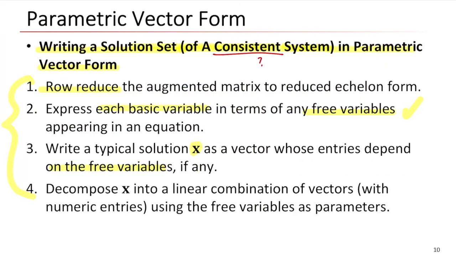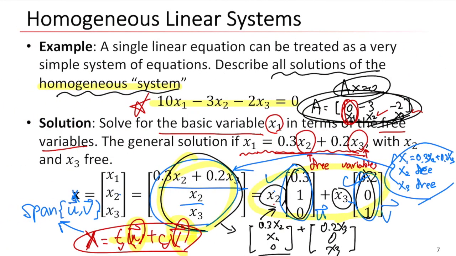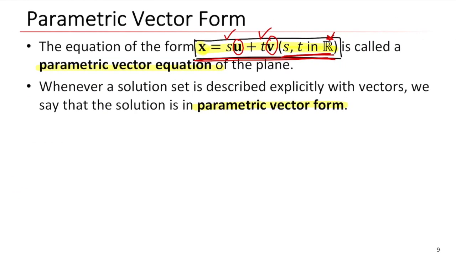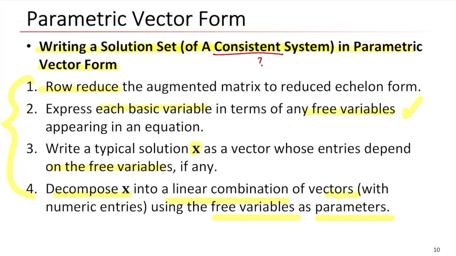Then decompose x into a linear combination of vectors using the free variables as parameters, like this. Decompose this as a vector with the parametric constant coefficients x2 and x3. So this is how to write the solution set in parametric vector form.